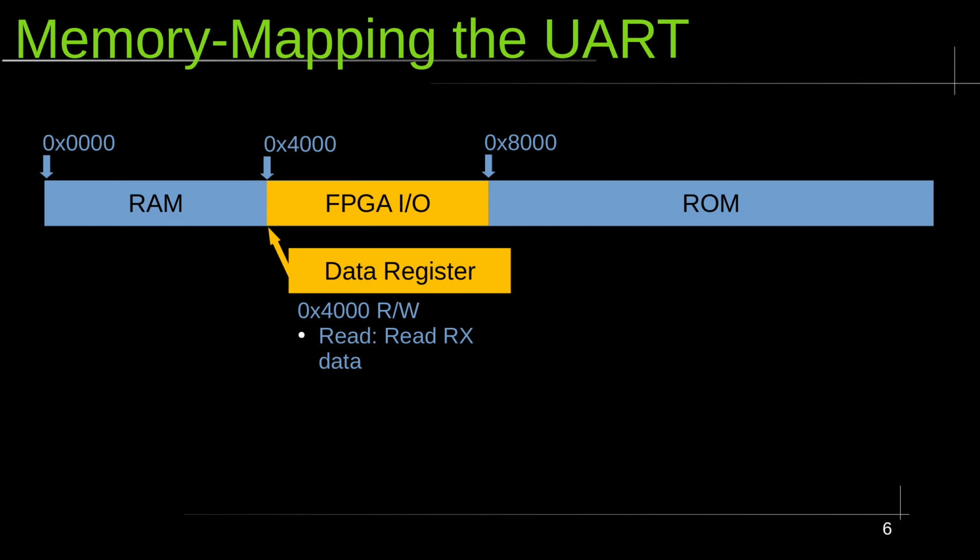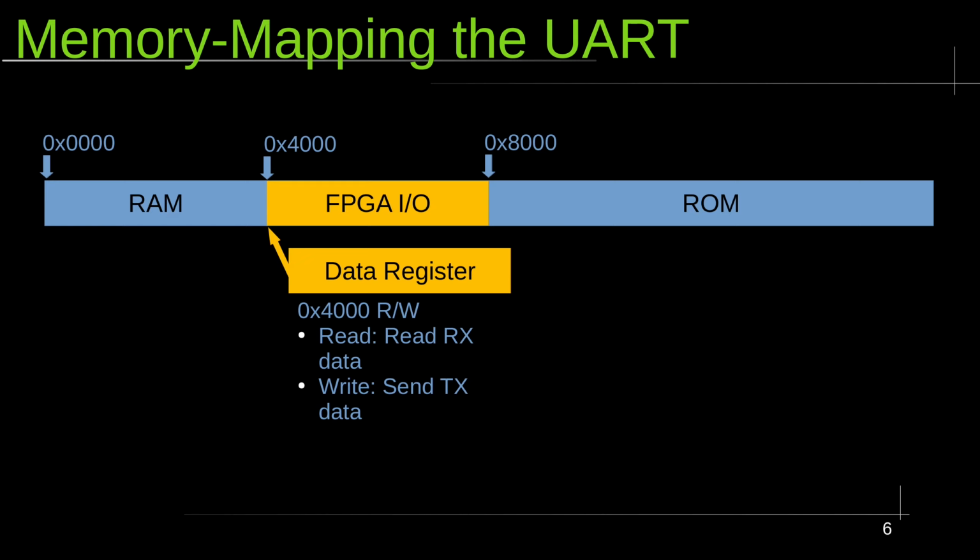And whenever you read this register, from one of the lines that is coming to the FPGA, it's going to take whatever data is waiting that was sent from the computer, and the processor is going to be able to read it. And when you write this register, it's going to write data and send it to the computer.